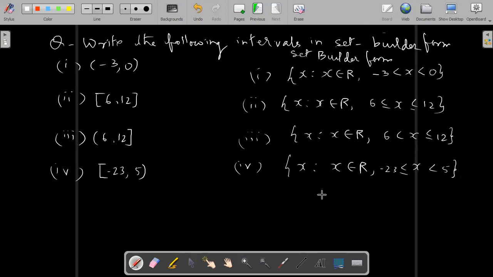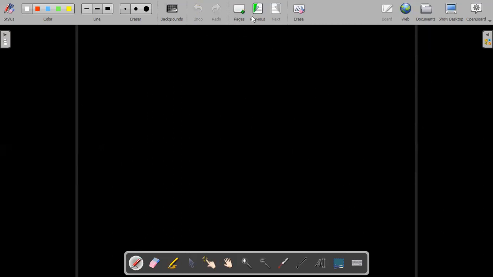Okay, so now we have universal set, then power set. So next topic is universal set. What is universal set? How will we define a universal set?